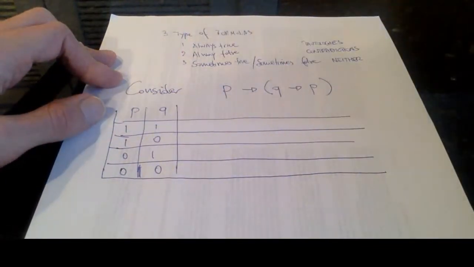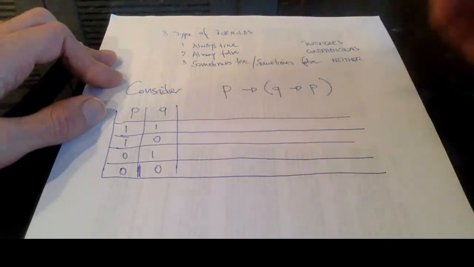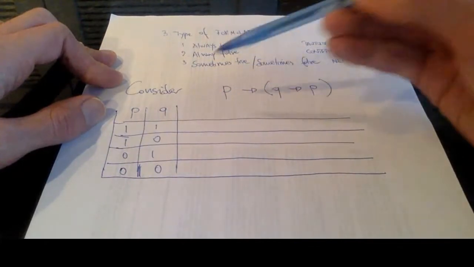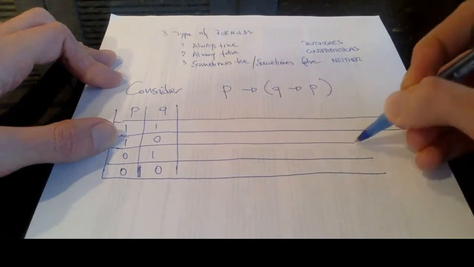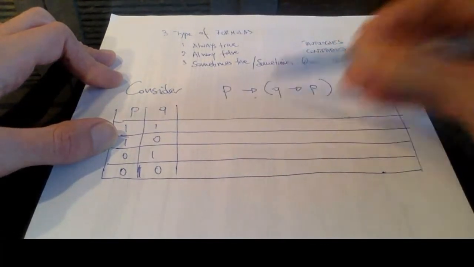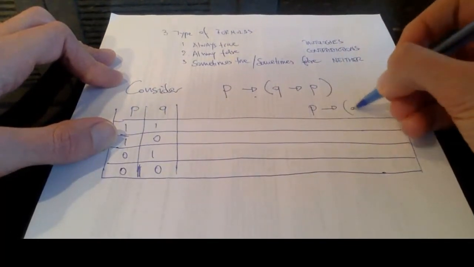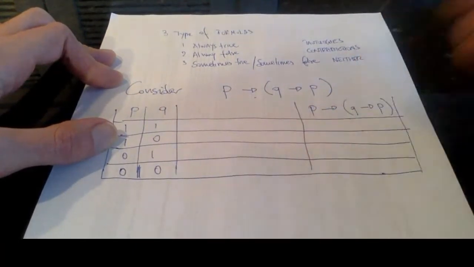We have 4 combinations. And the next step consists in evaluating formulas that are a little more complex than P and Q. And the goal is to get to evaluate our formula right here, namely P implies Q implies P. So that's the formula we want to evaluate.